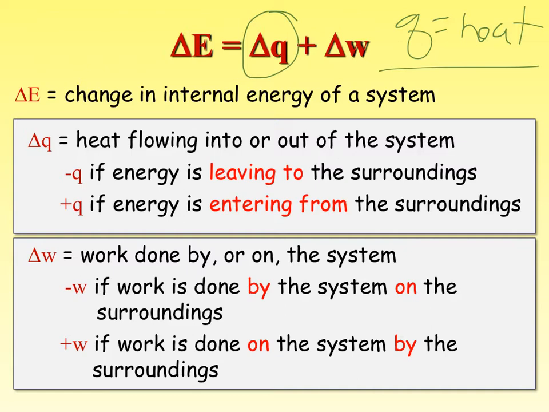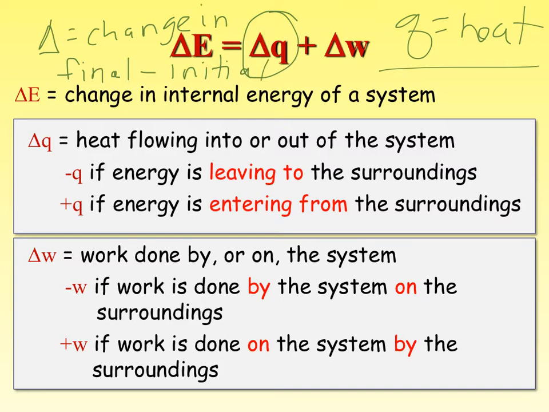So delta, or this triangle, you'll see this a few times, means change in. Anytime you have delta anything, delta Q, delta T, delta W, it is always the final situation minus the initial situation. Because what we're doing is finding the change in something.